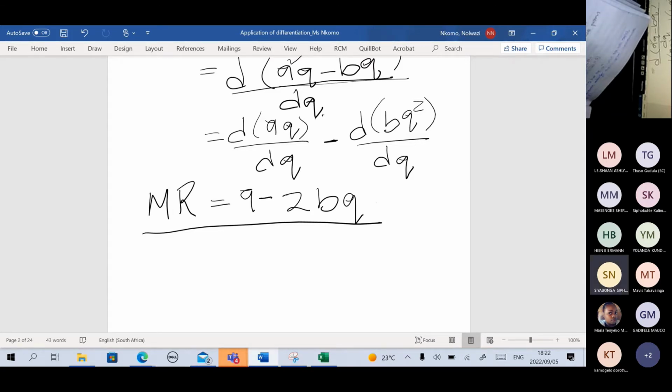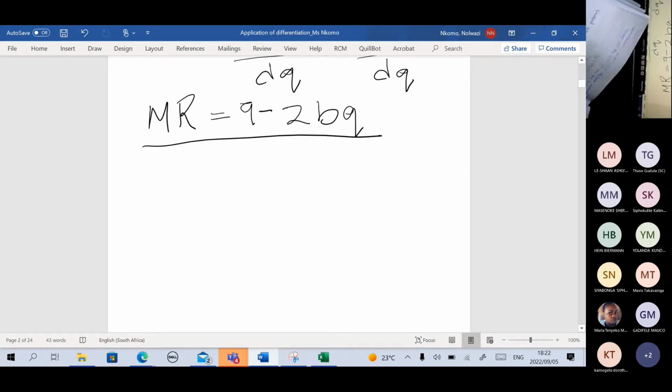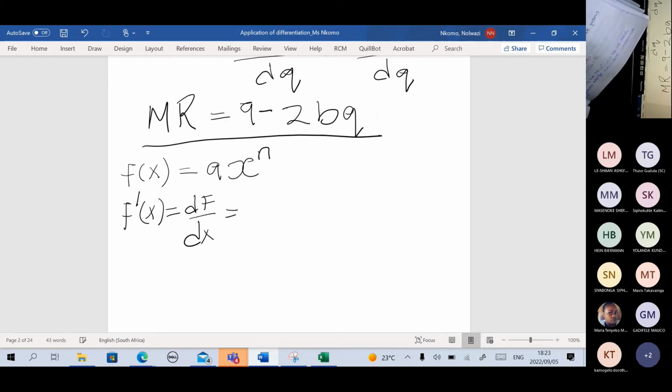The 2B, how did we find the 2B? Okay. Remember, in the last chapter, if you were told that f of x is equal to a x to the power n, then the derivative of f with respect to x would be: you take this power and multiply it by the coefficient.